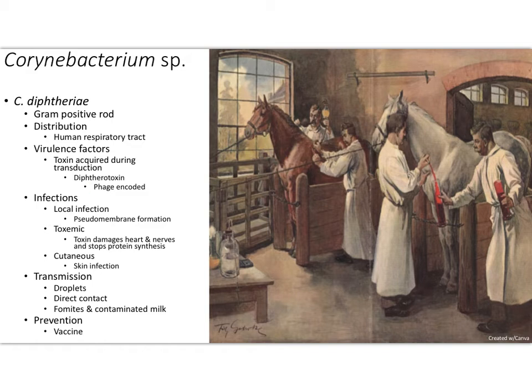In terms of the infections that this bacteria can cause, once it has been infected with the bacteriophage, it can cause a local infection, a toxemic infection, or a cutaneous infection. In a local infection, what ends up happening is bacteria that are carried in the throat start to produce this toxin, and as a result, our body responds and produces what's called a pseudomembrane.